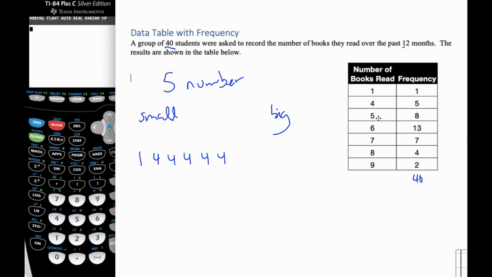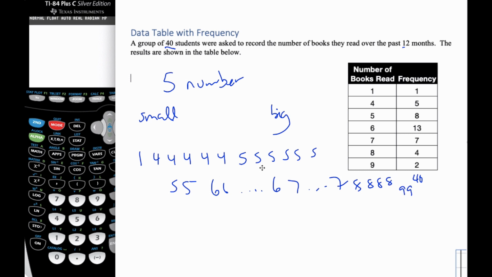How many people read 5 books? Well, 8 people. So it would be 1, 2, 3, 4, 5, 6, 7, 8. How many people read 6 books? Well, there are 13. I'd have 13 sixes, and then I would have 7 sevens, and I would have 4 eights, and 2 nines.